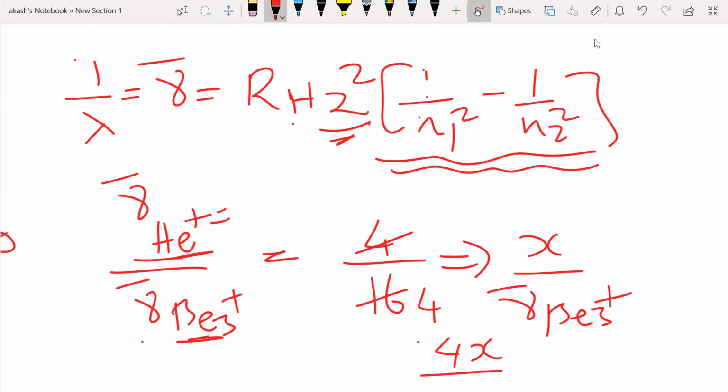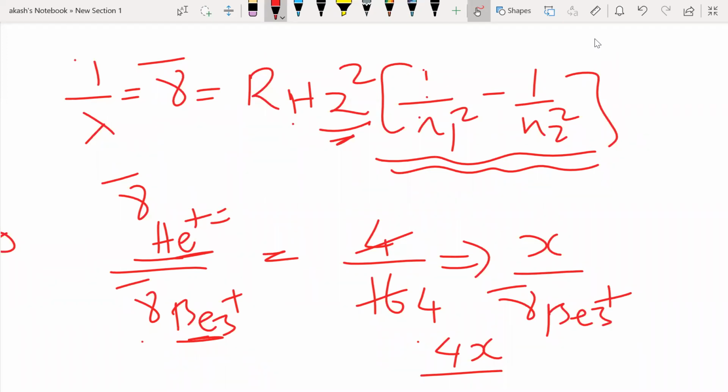Next question. What did I give you? Yeah, the 11th question. The ionization energy of helium plus is this much, and they're asking what is the energy of the first stationary orbit of Li2 plus.